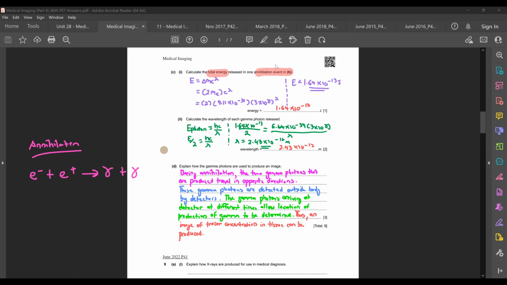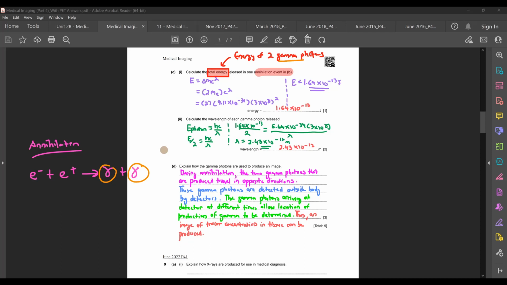So the keyword to note here is the total energy. The total energy here refers to the energy of 2 gamma photons, because during your annihilation process you are producing 2 gamma photons. So when they ask for the total energy produced during the annihilation event, it's really asking about the energy of the 2 gamma photons.